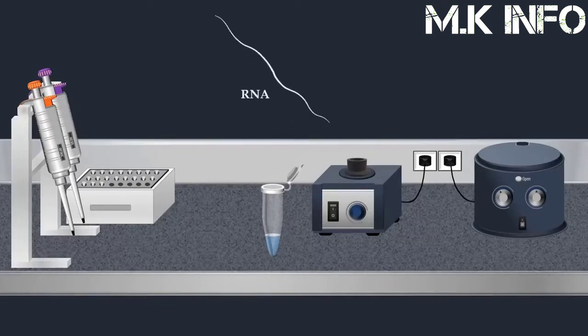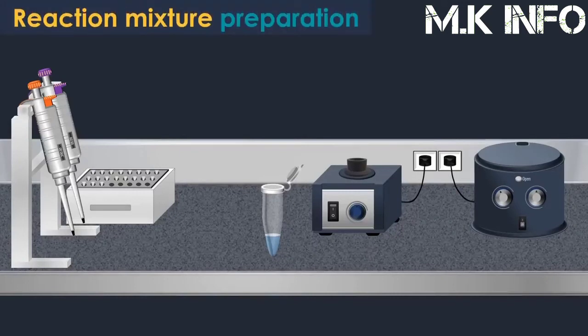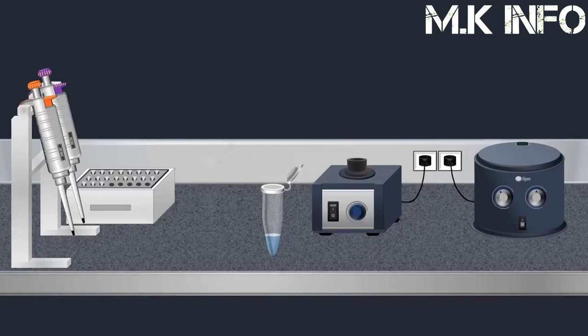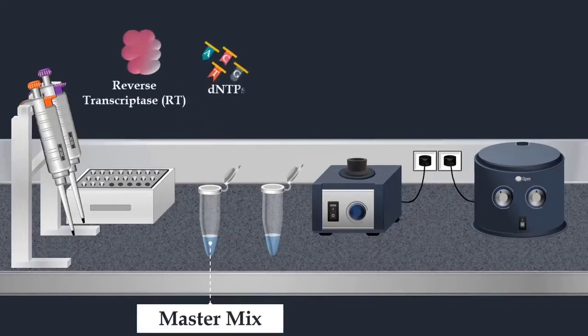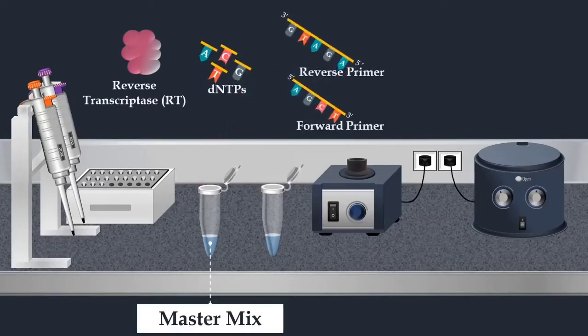After the extraction of the viral RNA, the next step is the preparation of the reaction mixture for PCR amplification. In this step, a master mix is used, which is a pre-mixed concentrated solution that consists of buffer, reverse transcriptase enzyme, nucleotides, forward primer, reverse primer, TaqMan probe, and DNA polymerase.